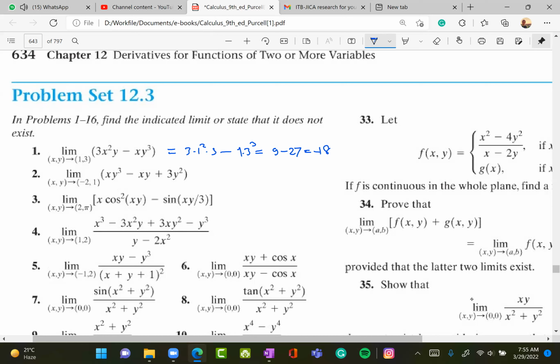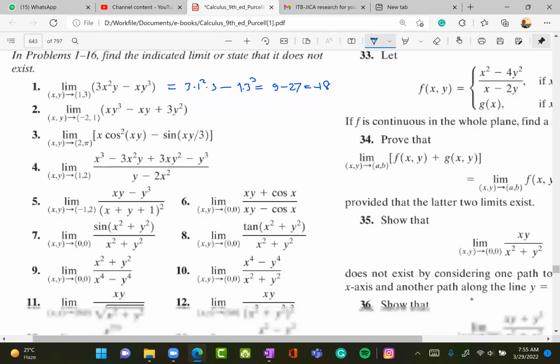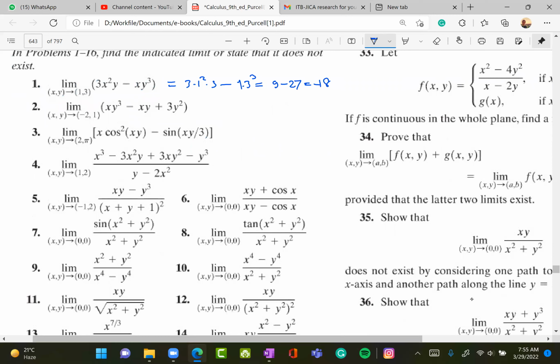Even number 6 looks ugly at first, but it becomes easy because xy approaches 0, but cosine x approaches 1.